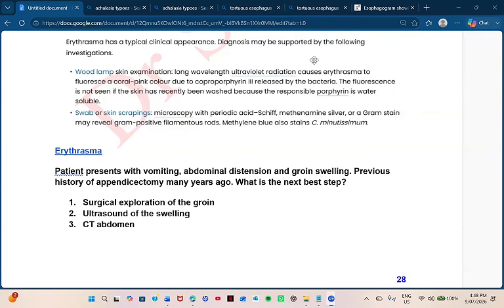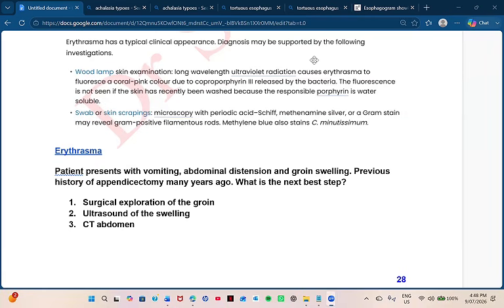In that case you need to go with surgical exploration, or urgent surgical referral, because obstruction and strangulation are both present. But here, just groin swelling is not enough to diagnose incarceration, so it is better to go with CT abdomen.